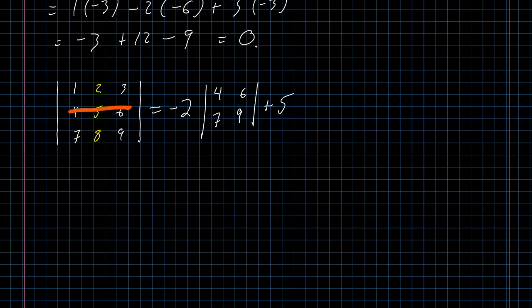We eliminate the row and column that contain the 5, and it leaves us with the 2 by 2 matrix 1, 3, 7, 9. And then alternating, after adding, this time we will subtract. We've got an 8 there, and eliminating the row and the column, we're left with the 2 by 2 matrix 1, 3, 4, 6.